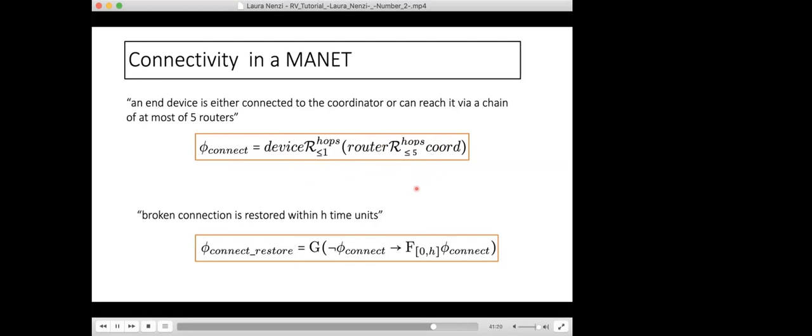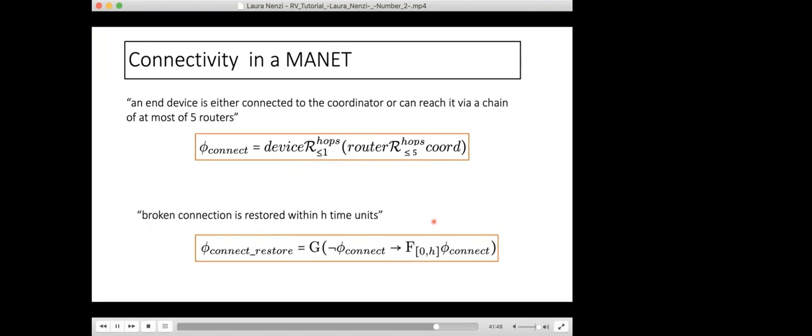This can be described by the phi-connected property, which specifies the property: device reach in maximum 1 hop a location that satisfies this property, so that is a router, reach in maximum 5 hops a coordinator.